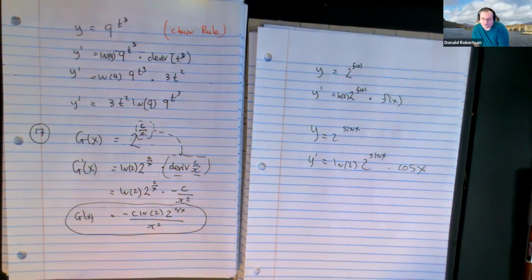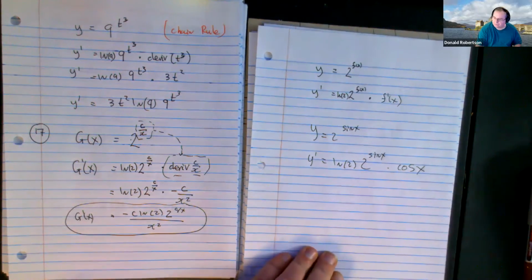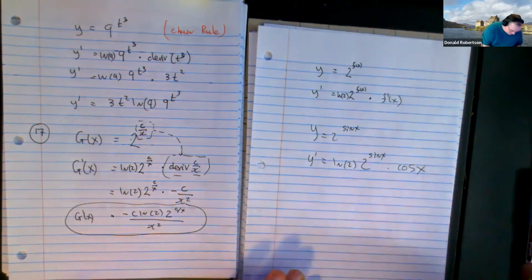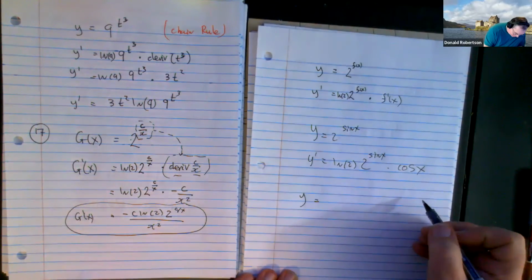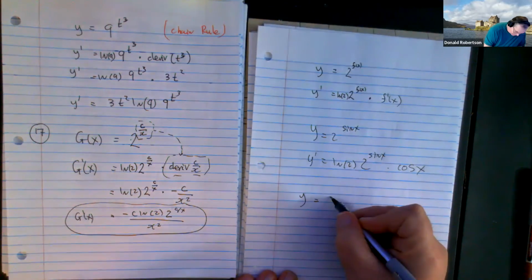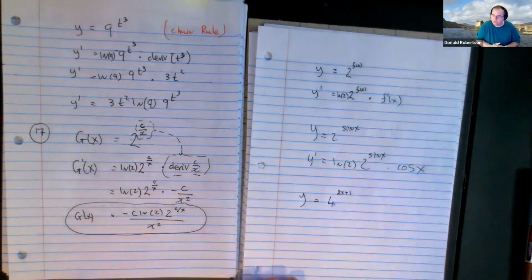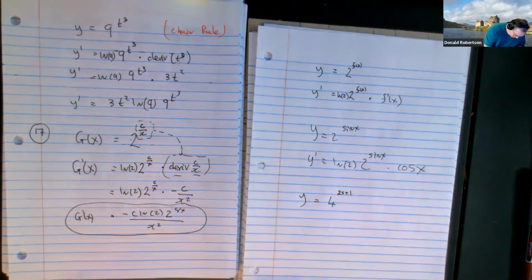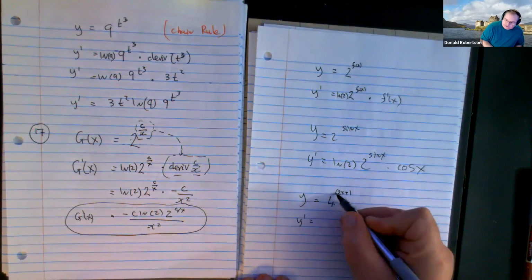Right? It doesn't matter. Let's try another one of those things. Again, all of these are chain rule, right? Suppose I did 4 to the power of 2x plus 1, and I'm going to do the chain rule on it. So that's basically going to be my inside function.